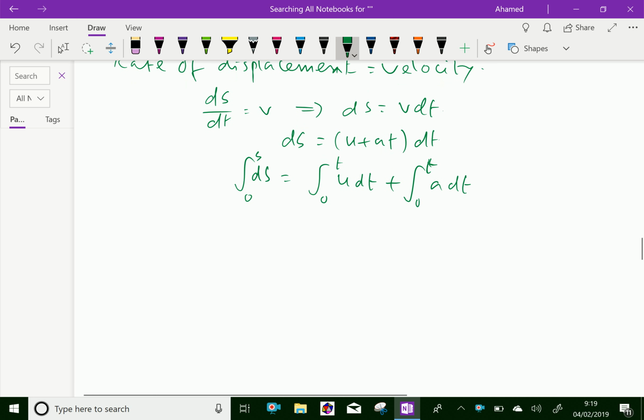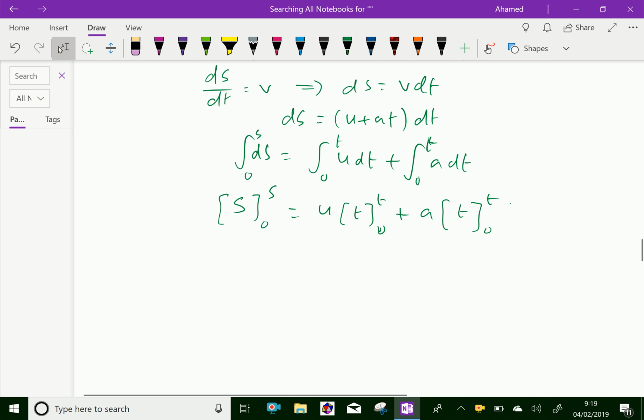Now integration of ds is s with the limits of 0 to s, equal u dt is ut, u is a constant, and dt integration is t, 0 to t, plus a is a constant, and dt integration is t, 0 to t. Therefore s with limits s and 0, it becomes s only.